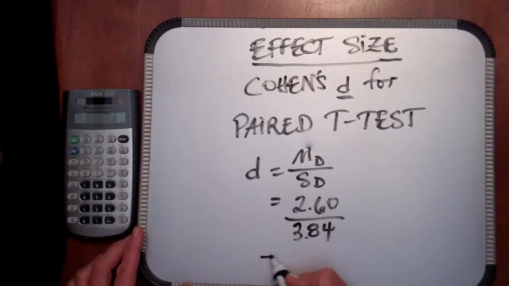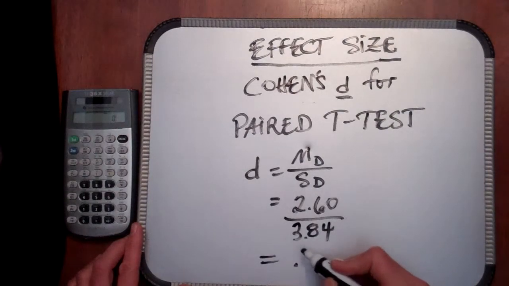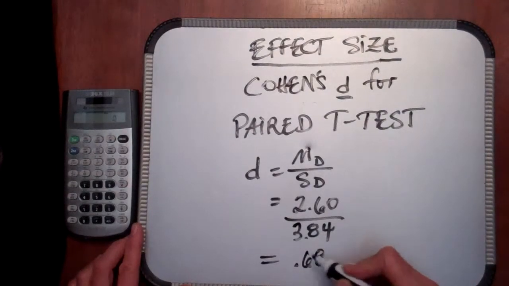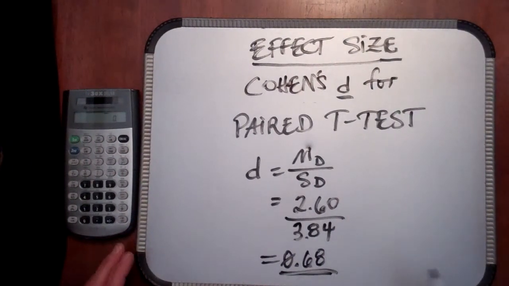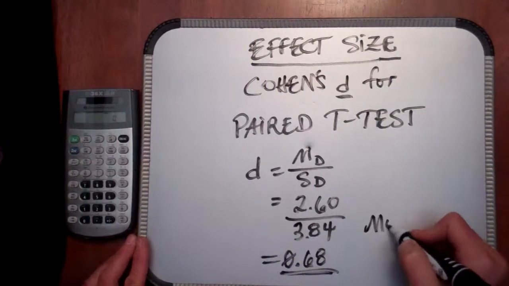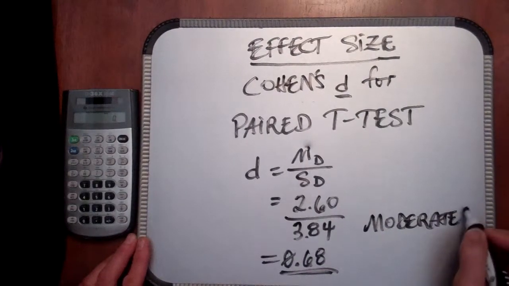If you calculate that through, you find that you have a Cohen's d of 0.68, and I usually like to use a leading zero. 0.68. And as you know from your book, the effect size indicated by this value is moderate.